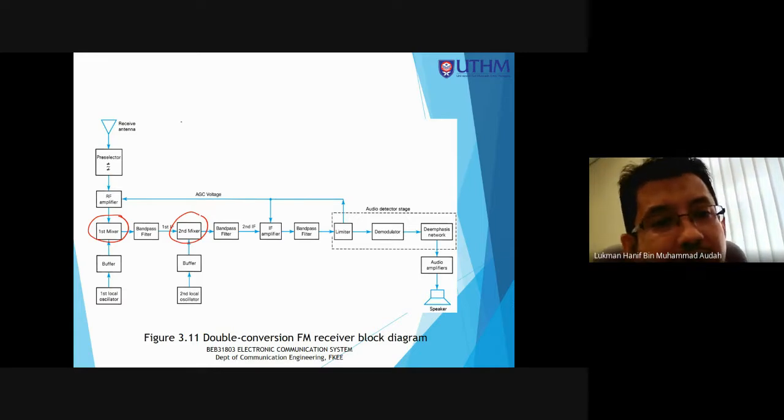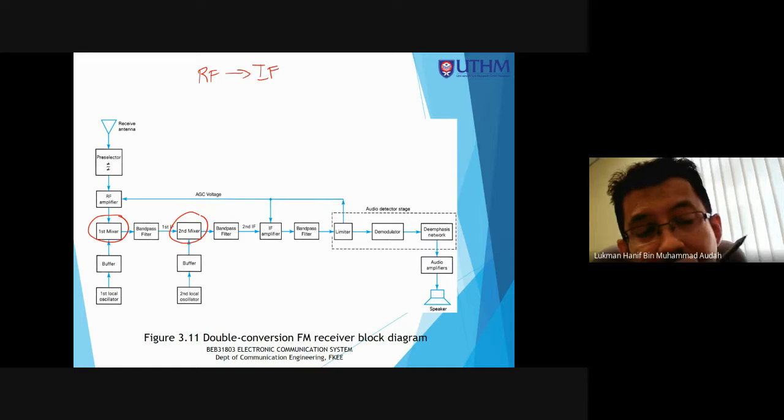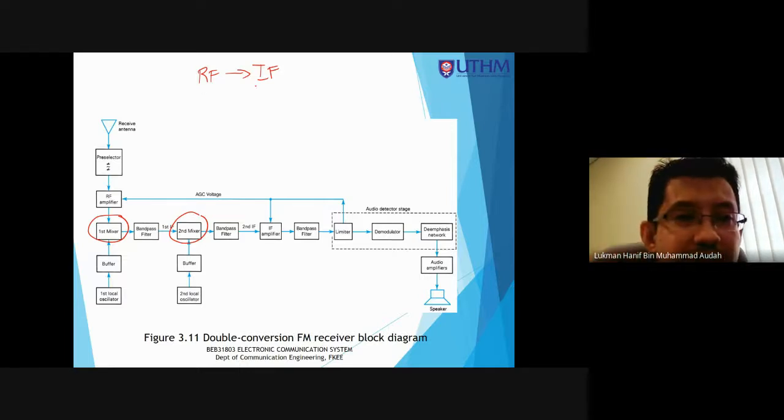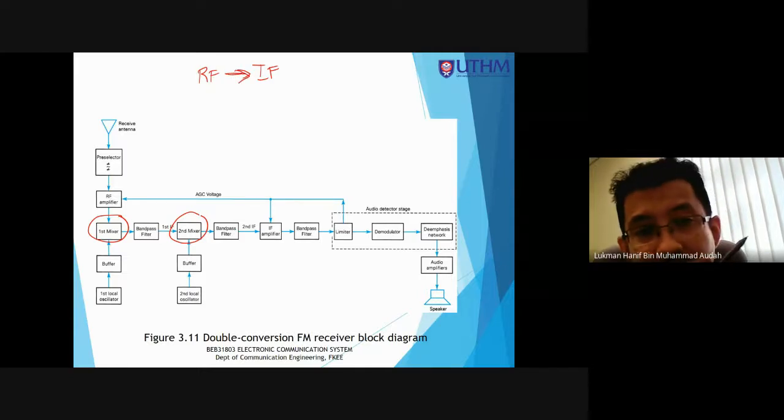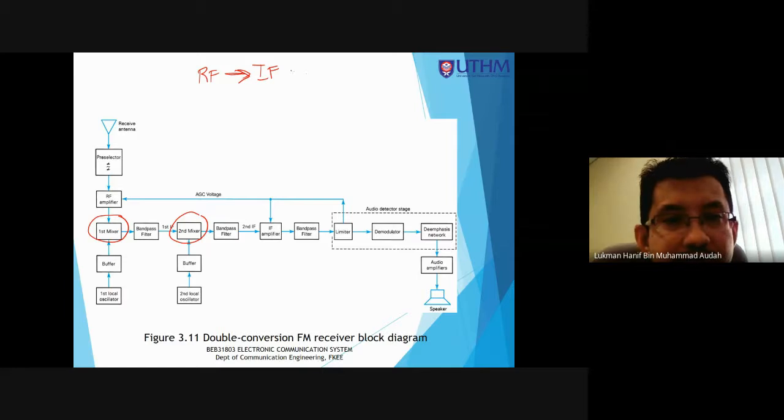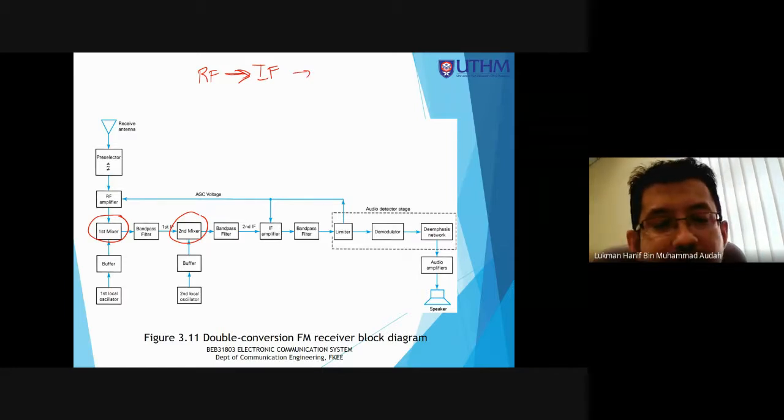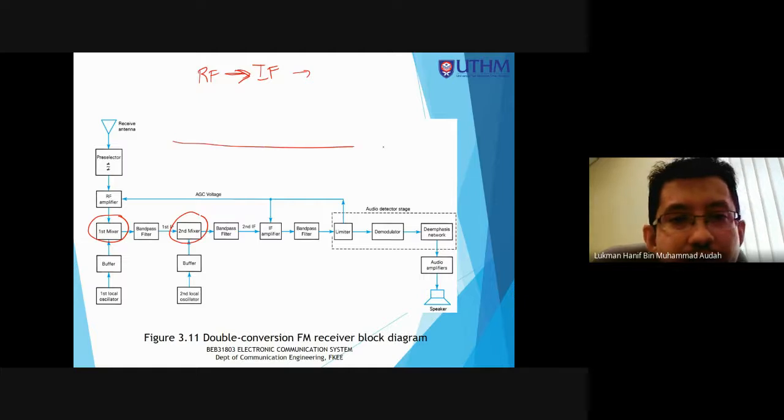Remember dalam AM sebelum ini kita belajar receiver will convert the frequency from RF to IF, intermediate frequency. Dalam AM kamu telah belajar bahawa down conversion itu berlaku sekali sahaja, bermakna daripada RF turun kepada IF dan center pada 455. So remember that in AM we learn that apabila frekuensi itu turun, ini saya buat gambar, okay.